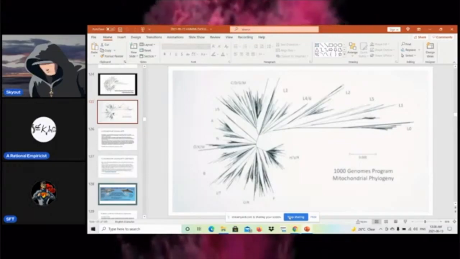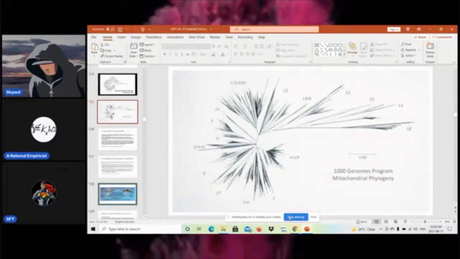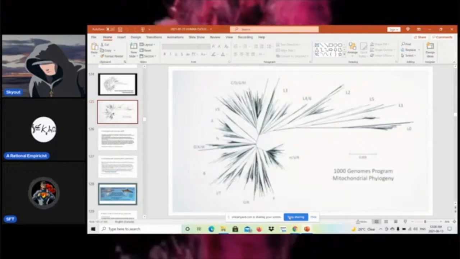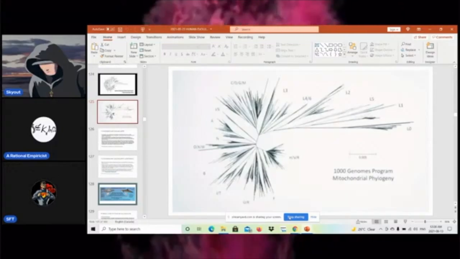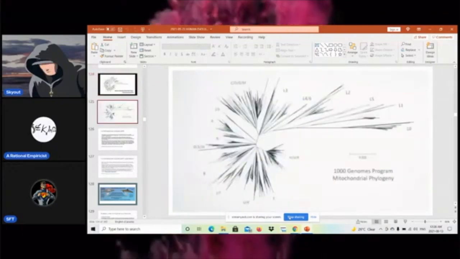As to your thoughts, and I've asked you this before, since you like phylogenies: we could look to mitochondrial DNA or the Y chromosome, whatever. I asked Rob this the other day.